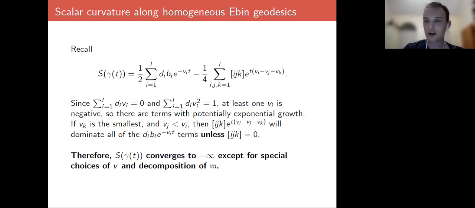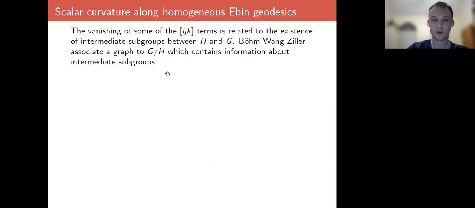Generically, if you just pick a random choice of ADH invariant decomposition M and a random choice of V, 100% of the time in the measure theoretic sense, your scalar curvature is going to tend to minus infinity. And there are only a handful of exceptional cases where the scalar curvature does not do that. So this is a pretty important observation.